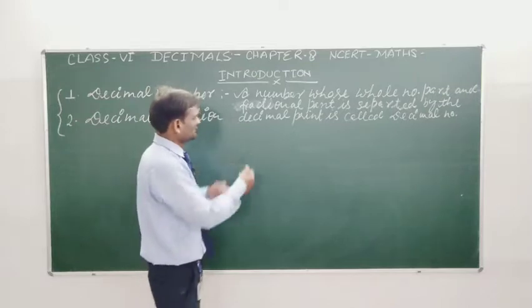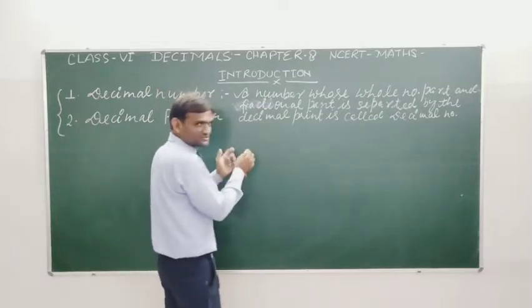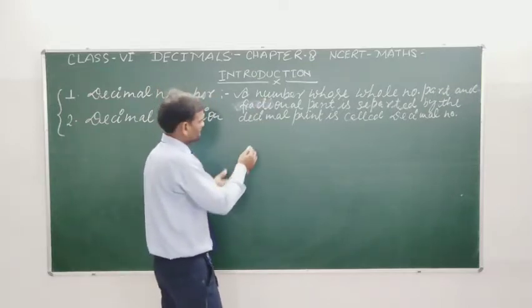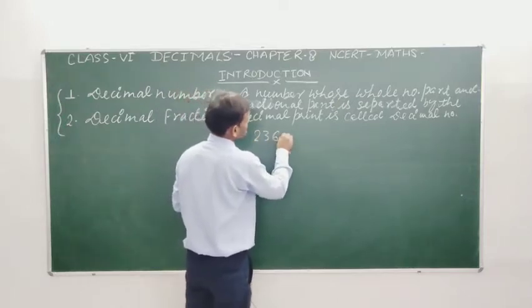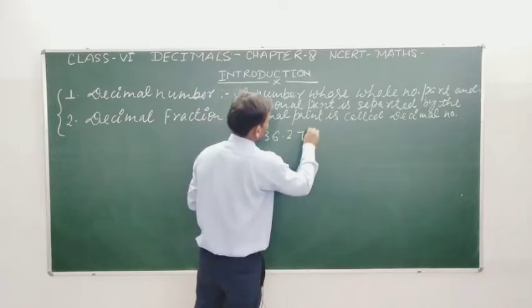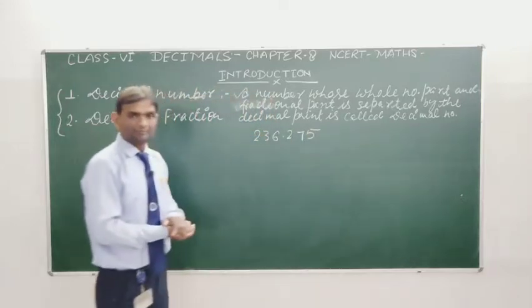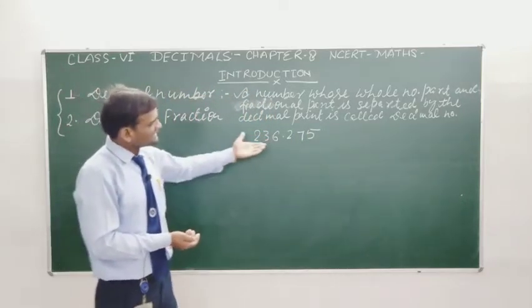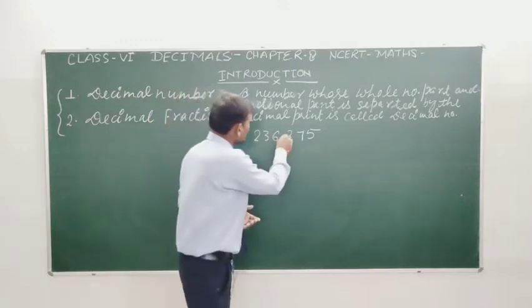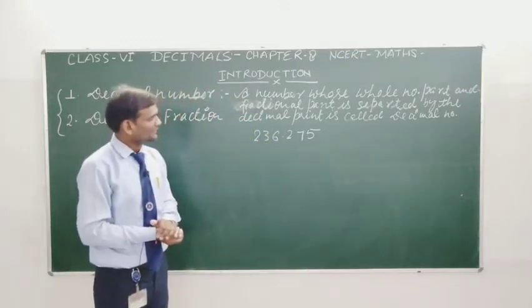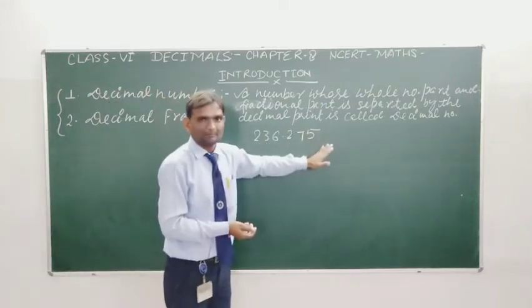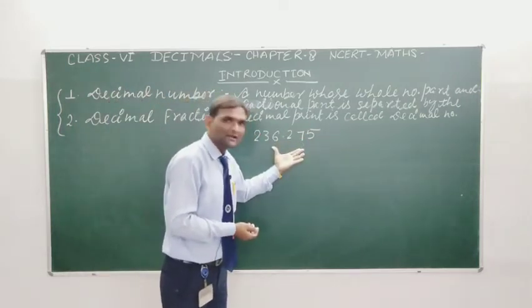As example, student, you have seen this number 236.275. Suppose that this is a number and you have seen this type of number in your book. This is a decimal number. It is called decimal number, student.